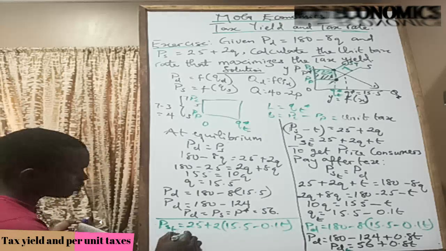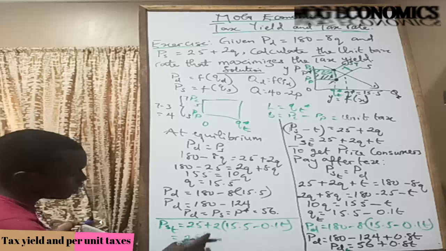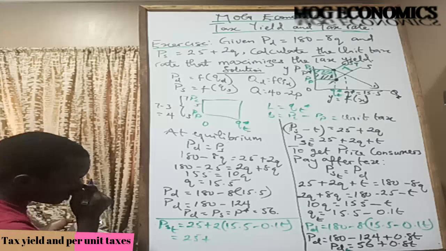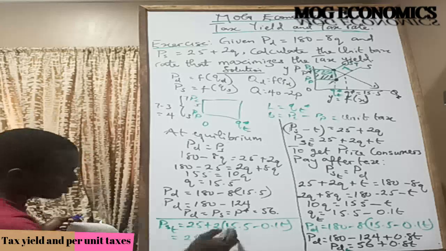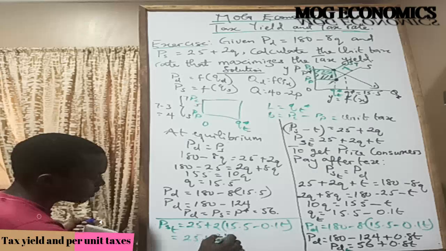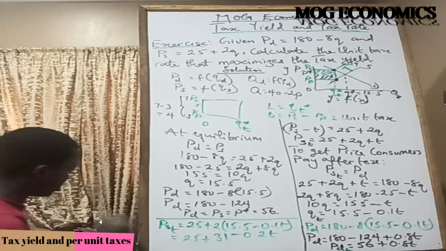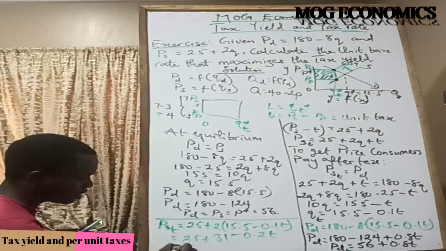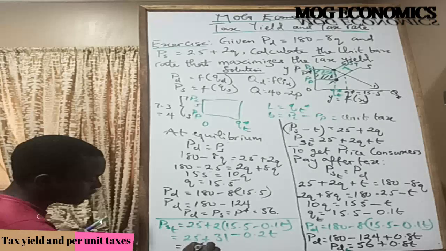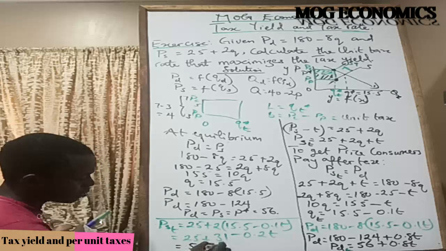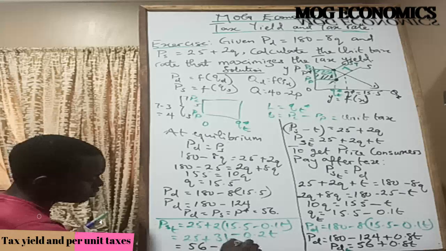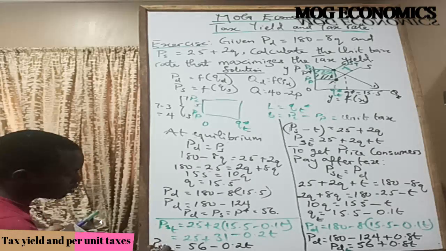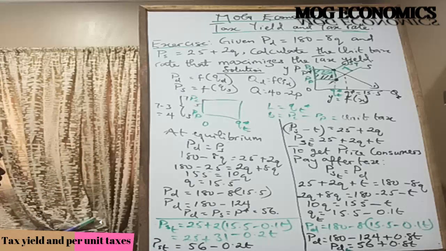So this is equal to 25 plus, this is looking like 31, yeah, 31. Then plus times minus 0.2T. So moving away from there, we'll have PST equals 56 minus 0.2T. So this is the price that sellers are receiving after tax.